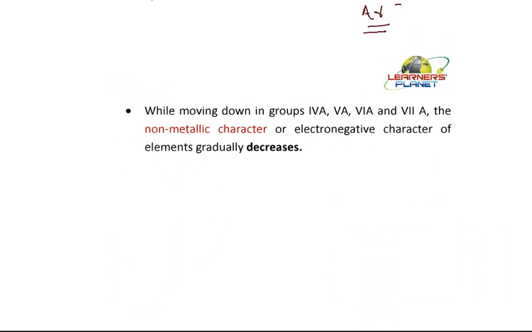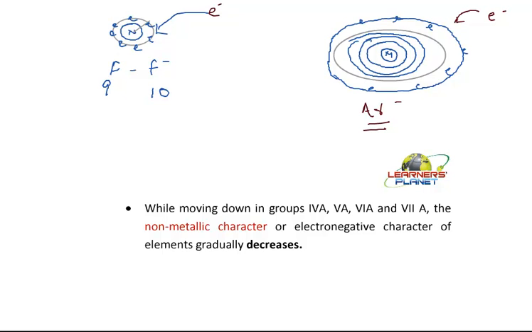Okay, now what is happening? In which case does the nucleus have more effective nuclear charge? In case of fluorine, of course, because there are fewer shells.